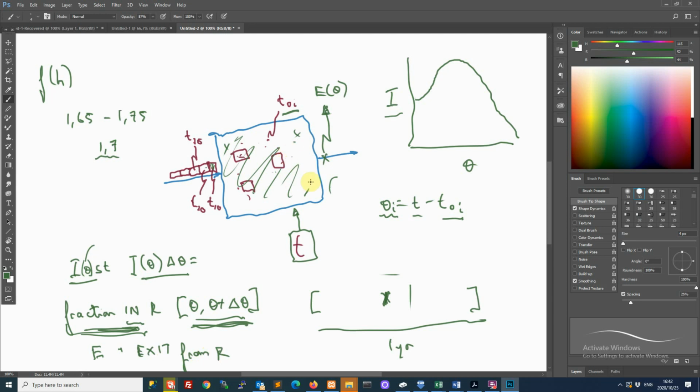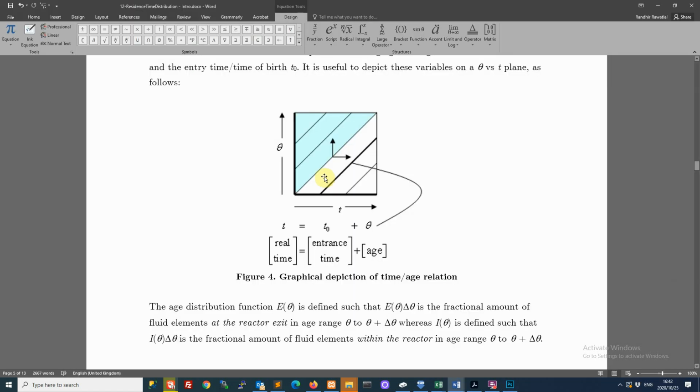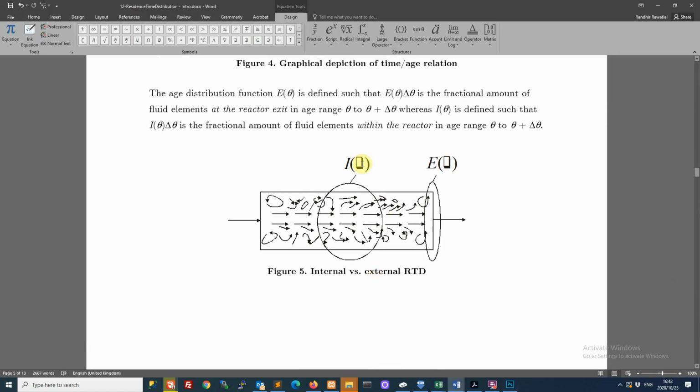That's not much time for reaction. And then the next one comes along, how long did you spend in here? What, only 5 seconds? So you can identify out here the proportion of molecules that have spent specific time ranges in the reactor and are now at the exit point. So E of theta and I of theta, the internal and exit age distributions inside and from the reactor. Right, so I and E.